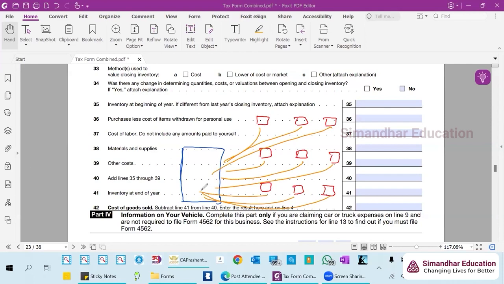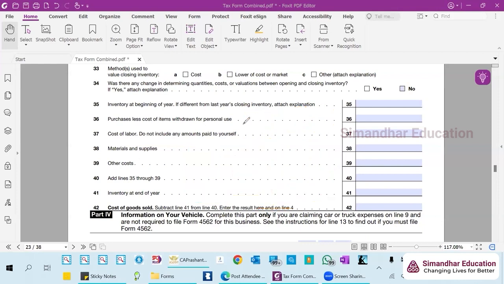So that's what we have understood until now. It could be Schedule 1, Schedule 2, Schedule 3, Schedule A, whatnot. All of these were more of directly telling what my total income is, what my total deductions are, and whatnot.